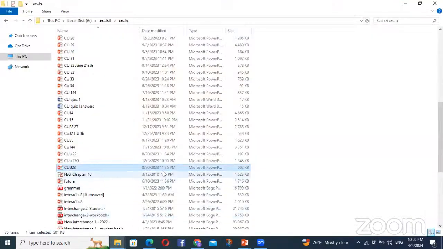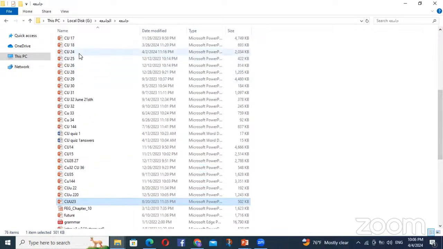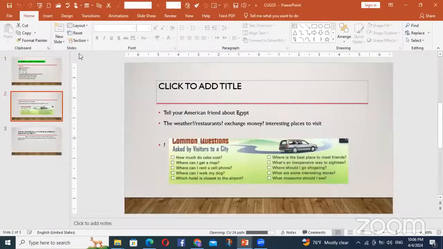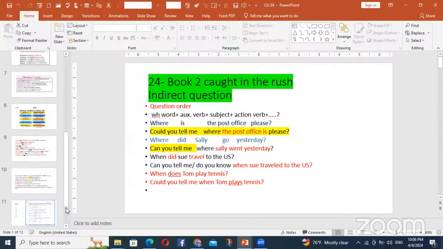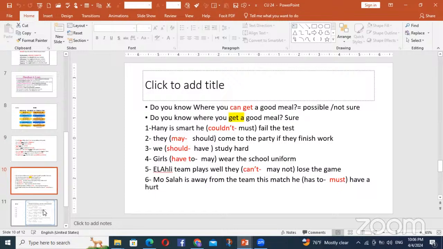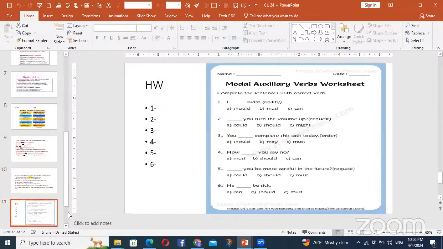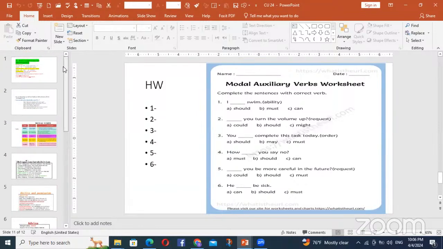Do you know the order of the question? We talked about it before. I wanted to show you the order of the question. These are the modal verbs we used last time, right? Okay.